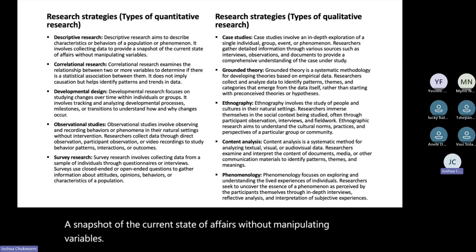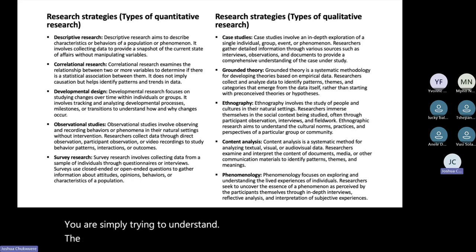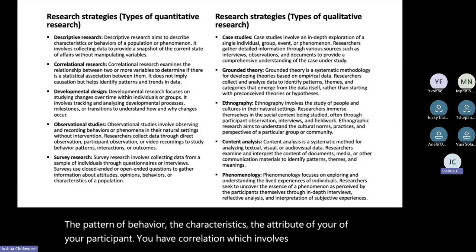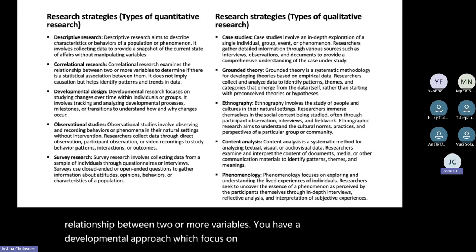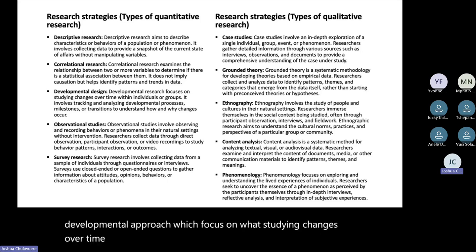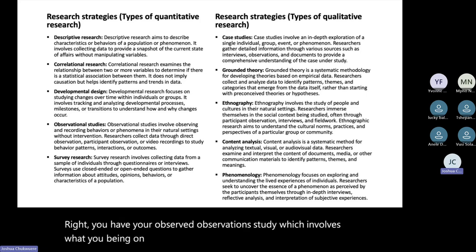You are simply trying to understand the pattern of behavior, the characteristics, the attributes of your participants. You have correlation, which involves examining the relationship between two or more variables. You have a developmental approach, which focuses on studying changes over time within the same group, right? You have your observatory study, which involves you being on the ground, monitoring, seeing how things are done.